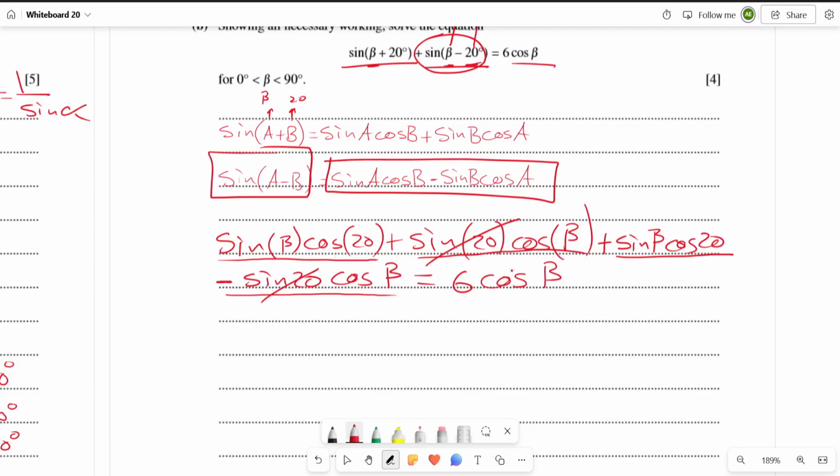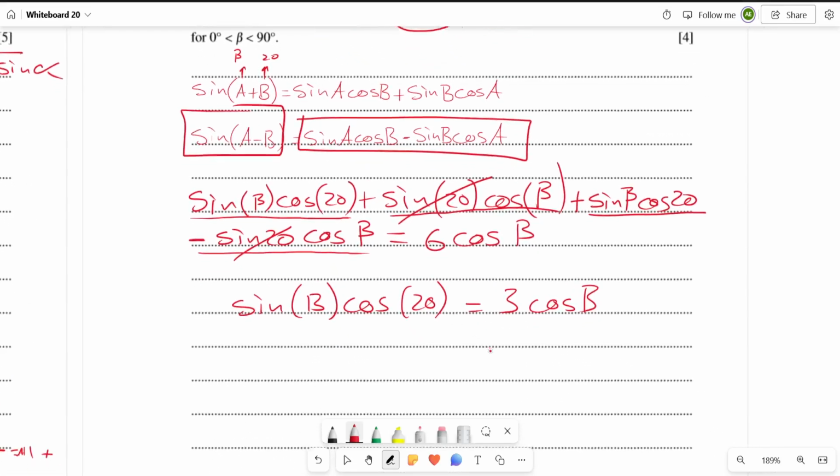So basically x plus x is 2x, or this term plus this term is basically 2 times sine beta cosine 20. That is equal to 6 cosine beta, and I can just divide the 6 and the 2, so this is just going to basically be 3. Okay, now I reached this over here.